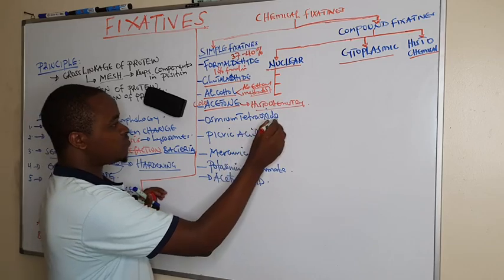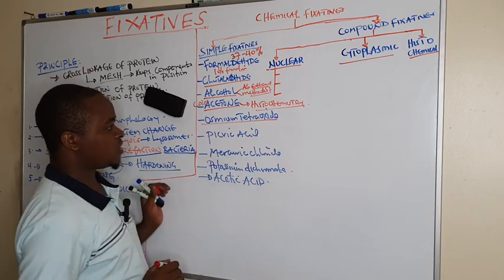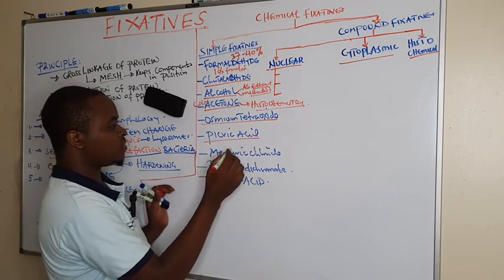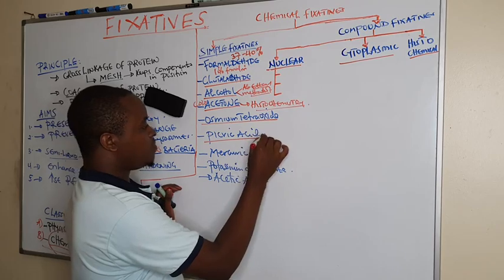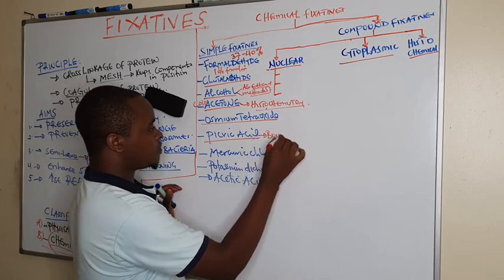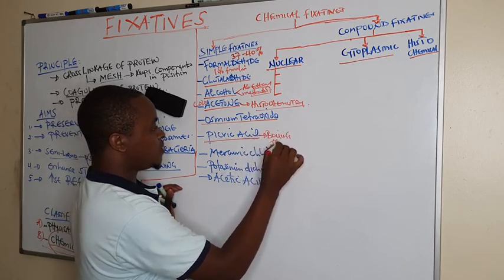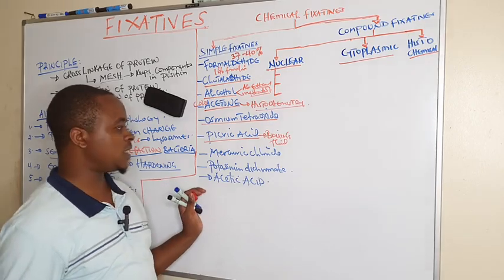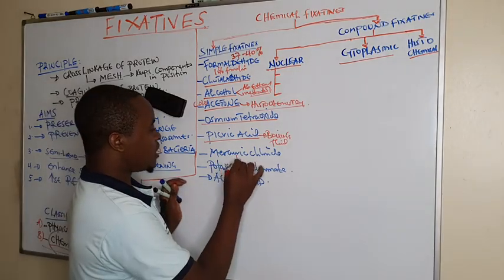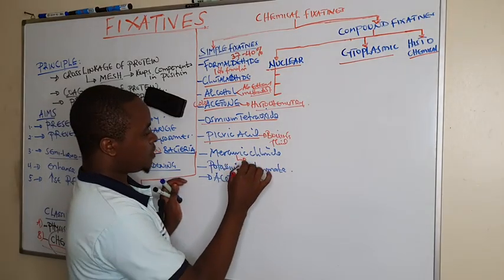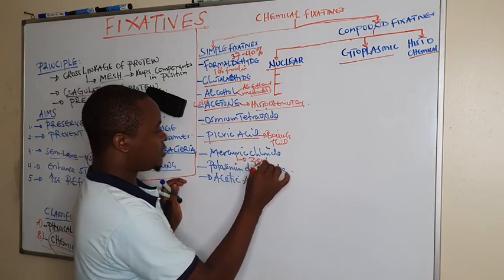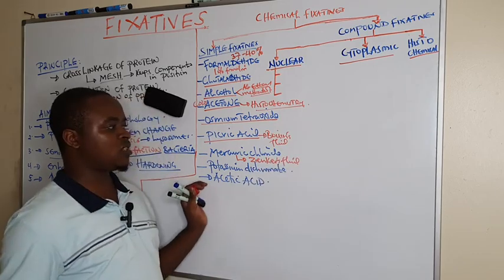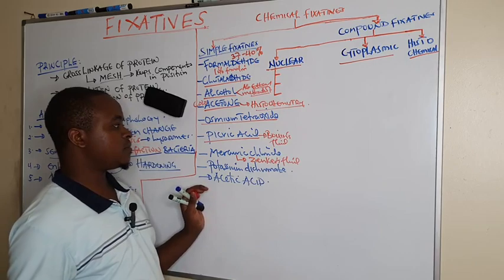Then osmium tetraoxide is also a simple fixative, plus picric acid, which is used in Bouin's fluid. It is not used alone because it causes shrinkage of cells. Mercuric chloride is also used in Zenker's fluid, but not alone because of its shrinkage effect.